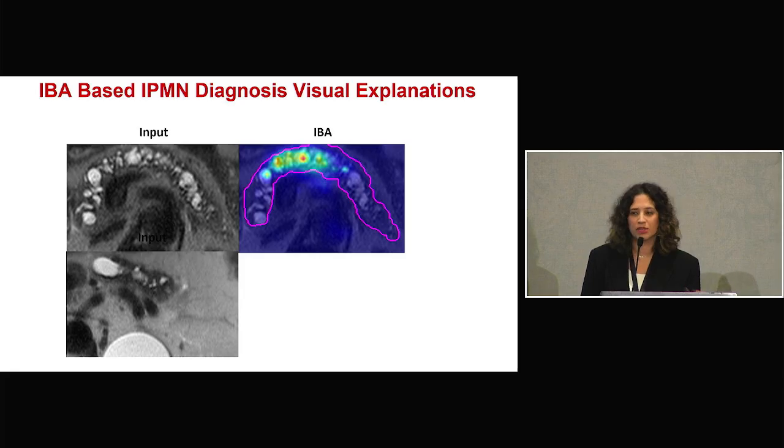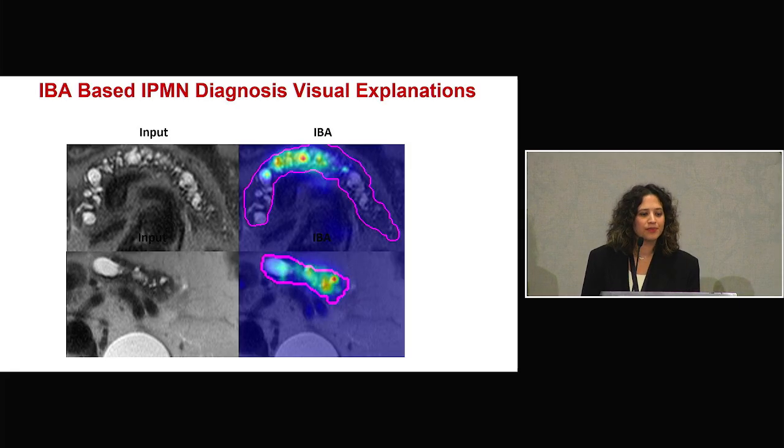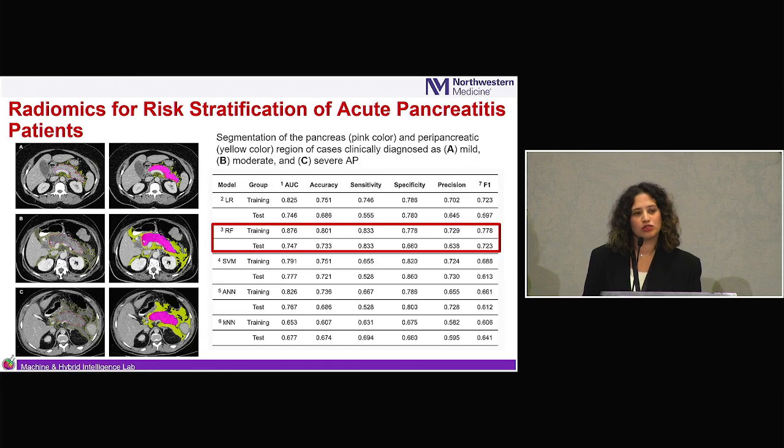It's called the information bottleneck algorithm, and it will give the clinician the reasoning. We can also stratify acute pancreatitis based on the CT, and we use a machine learning model, and we have a good accuracy AUC, and also we shared this data.